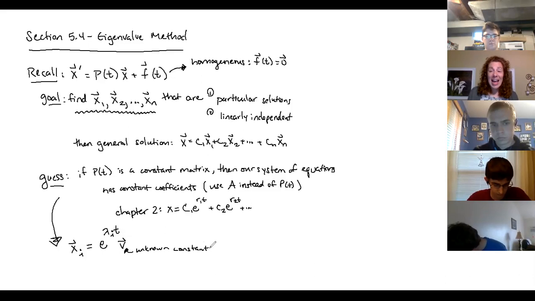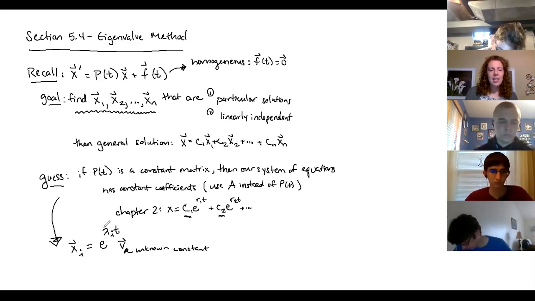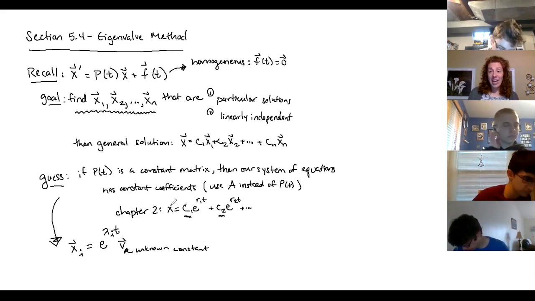I wrote it at the end instead of at the beginning, but up here all of these coefficients are unknown, so I need a vector with unknown coefficients as well. And then our guess has an e to the something times t in it. I'm calling it lambda i instead of r sub i, and we'll see why in just a couple of minutes.